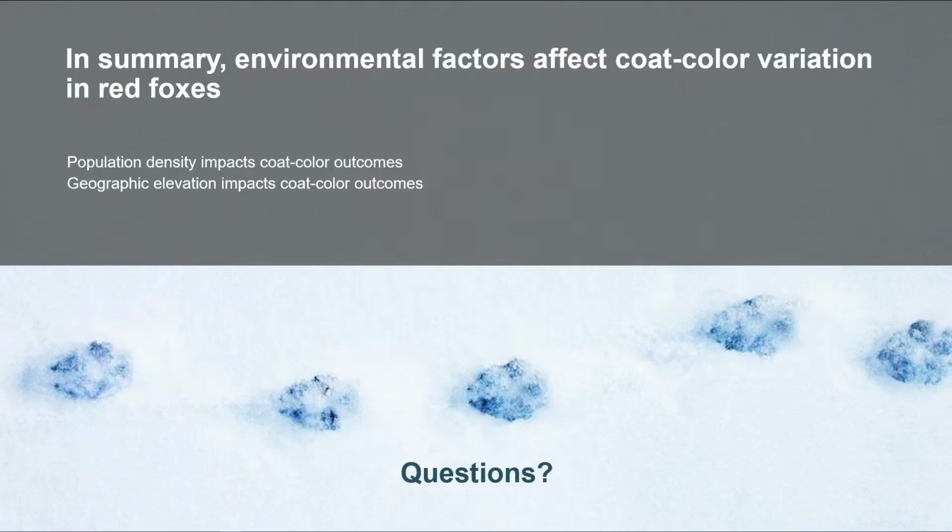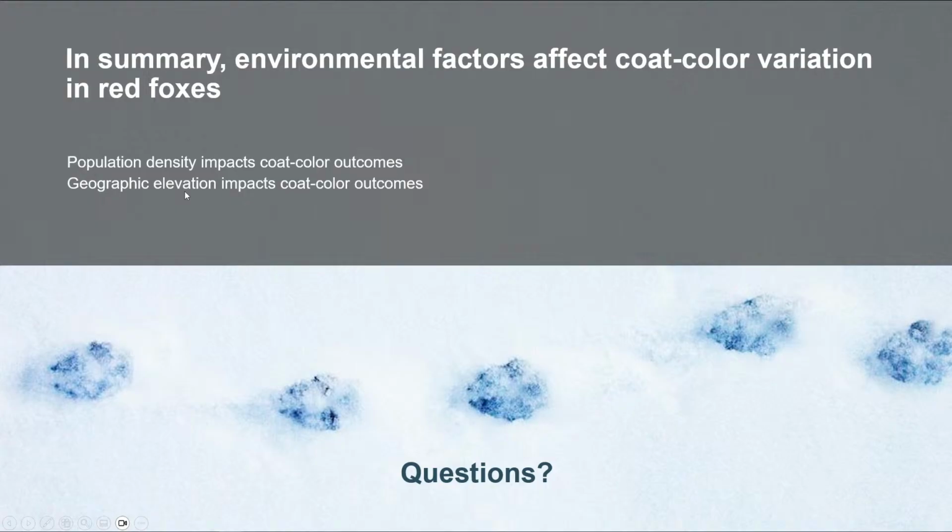In summary, environmental factors affect color variation in red foxes. So what does this mean? That means different foxes living in different environments will have different fur color. Now, what is the supporting point? Population density impacts coat color outcome. So big populations versus small populations will impact the coat color outcome.